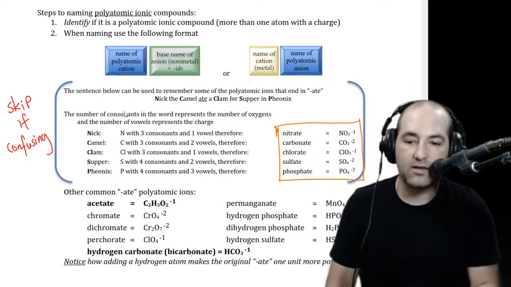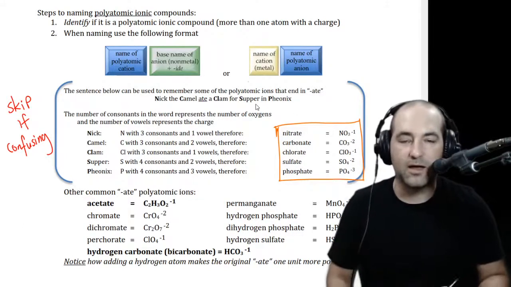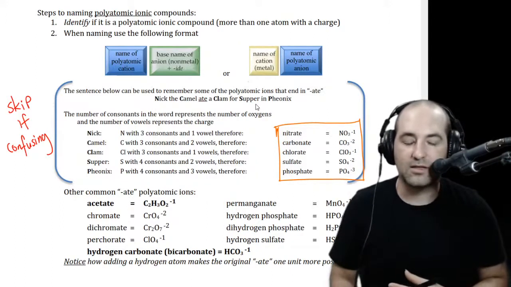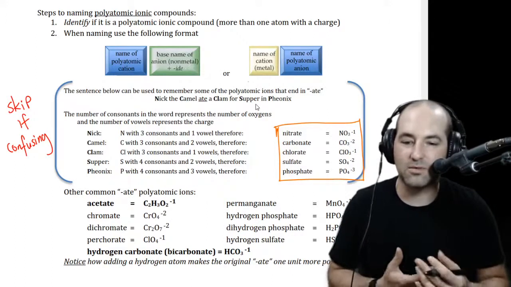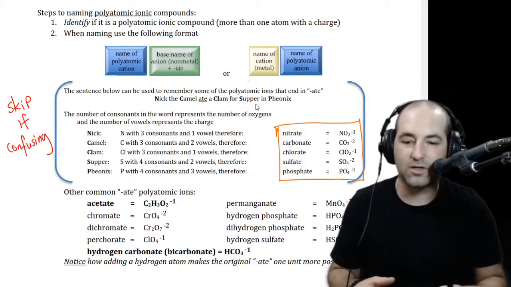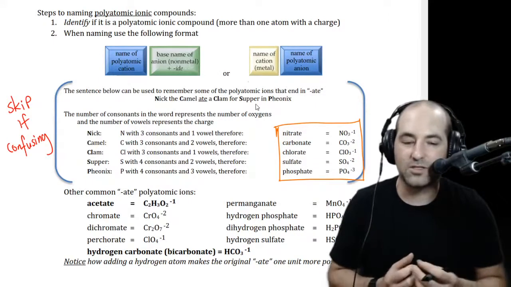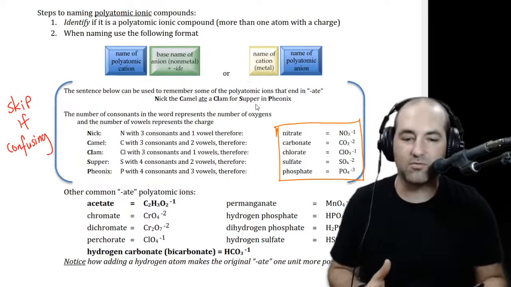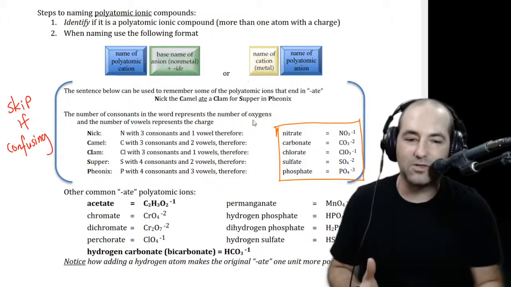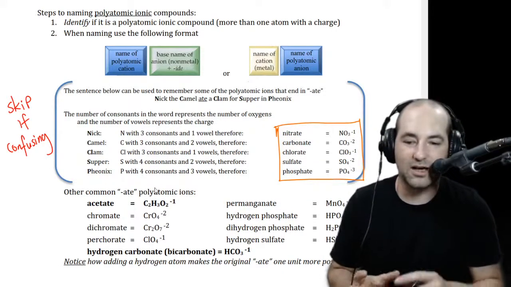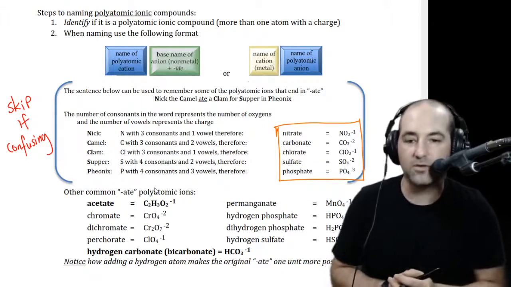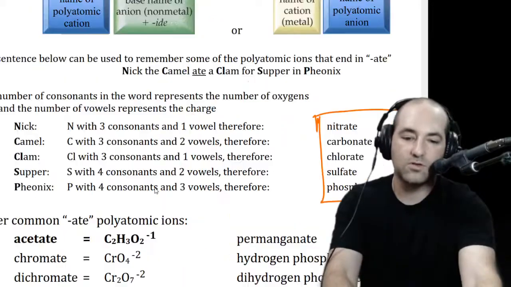Some people really like these mnemonic phrases that help you remember how things are set up. Personally, they don't work for me. It's too hard. It takes me too much work just to memorize how the whole thing works out. It's easier for me to just make some flashcards and remember it. So that's what I would do. But if you're the sort of person who likes that kind of thing, this might be really helpful for you. So I wanted to leave it in there for those of you who do that.